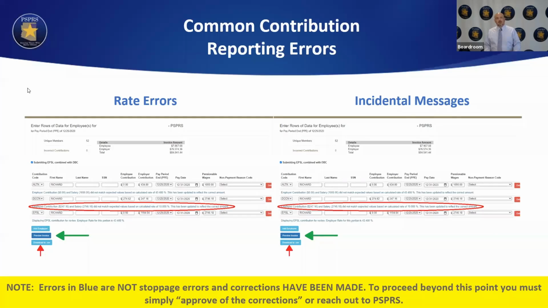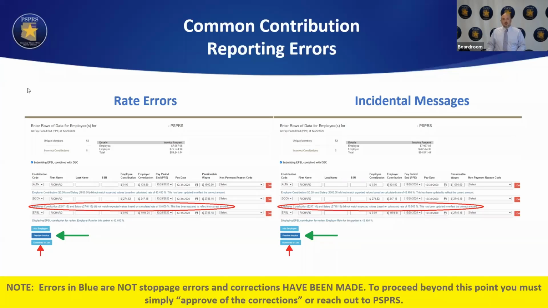Our system calculated the rate for you, and it gives you this message to advise you that a change has been made. Do you approve of this? And if you do approve, you can proceed to the preview invoice page. But one key point here is to use the download to CSV file, because as I stated, you need to acknowledge these error messages and you need to accept or agree with the correction.